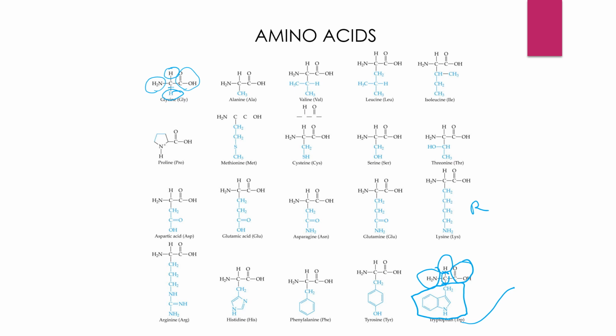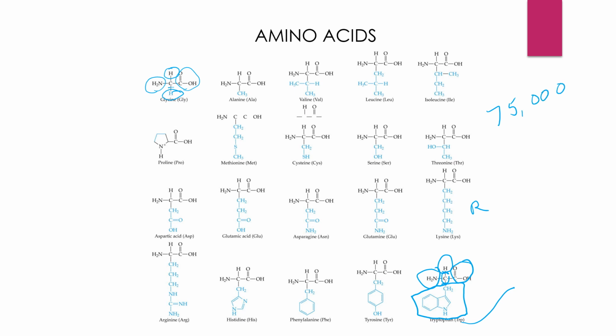We'll be talking about these in more detail when we get to some of the functions of proteins and how proteins are made. We have lots of different proteins in our body, more than 75,000 different proteins.